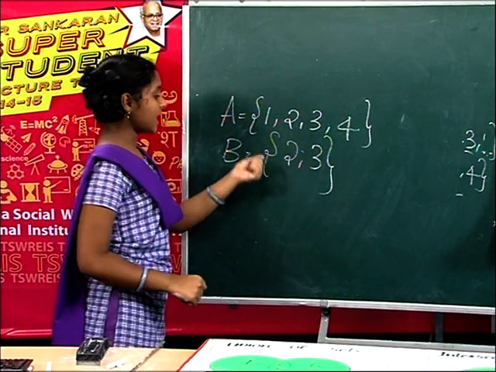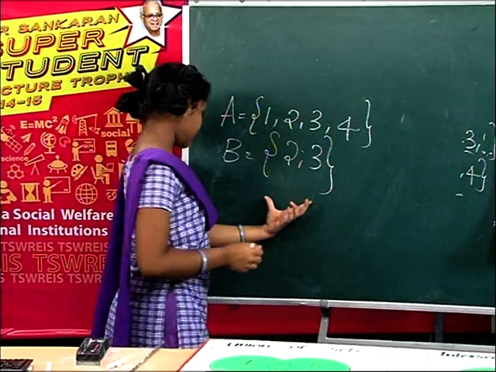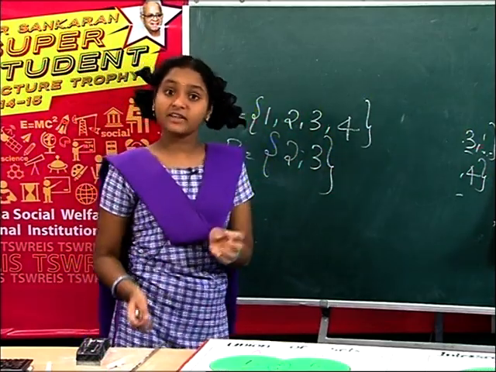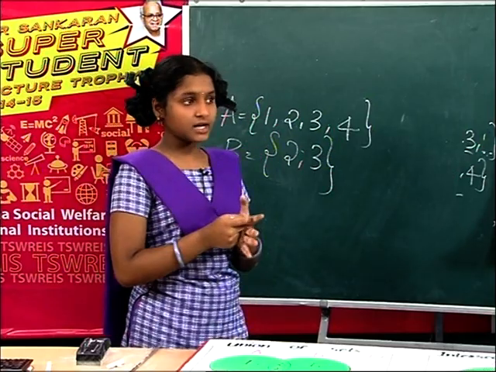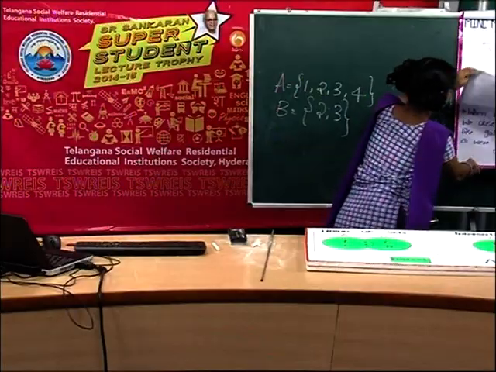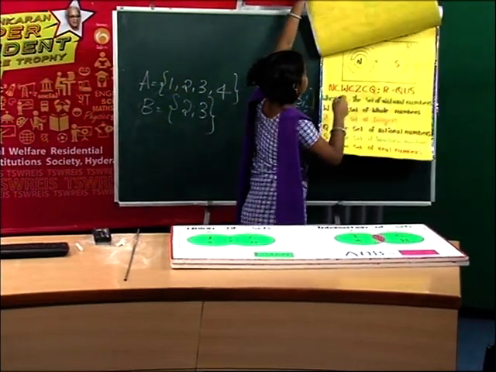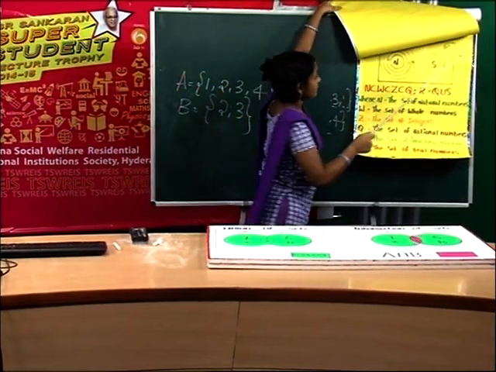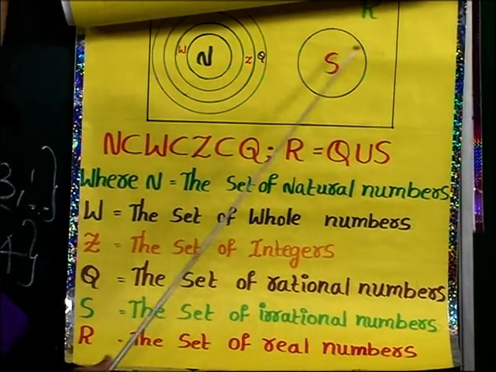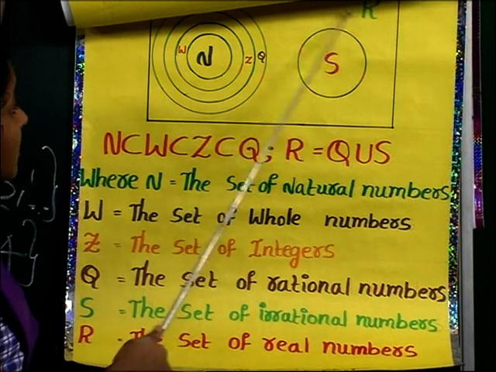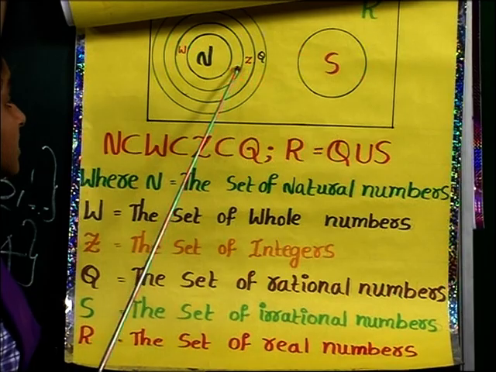This one is called the universal set of the other, because it contains it. I will give you one example, see this chart please. Real numbers is the universal set. Here we can see real numbers, natural numbers, whole numbers, integers.